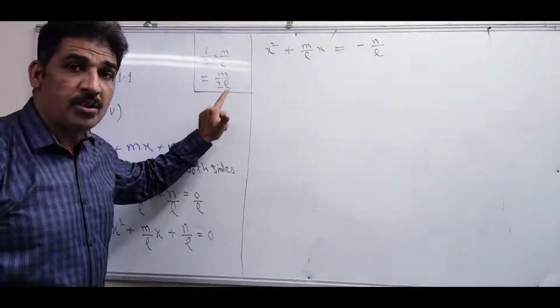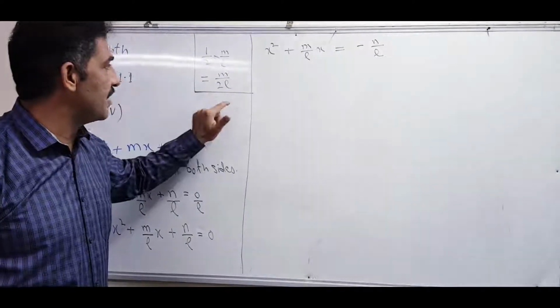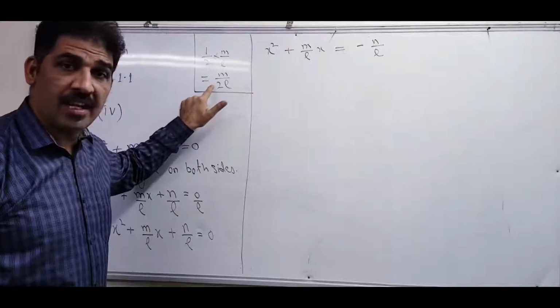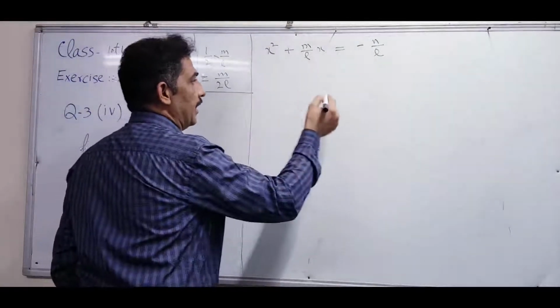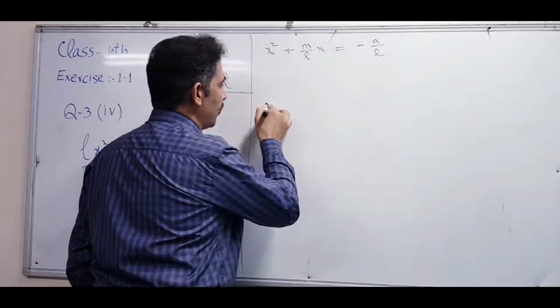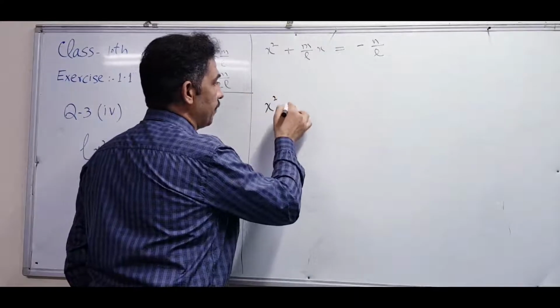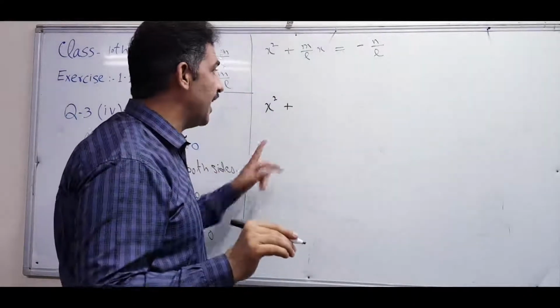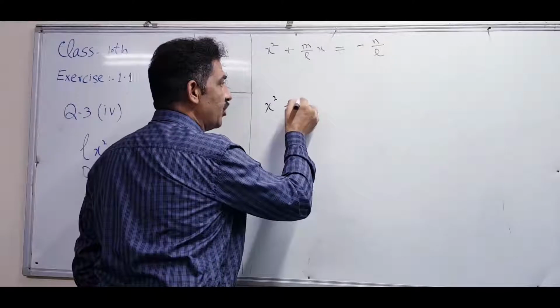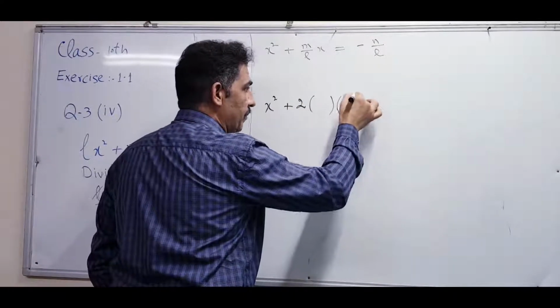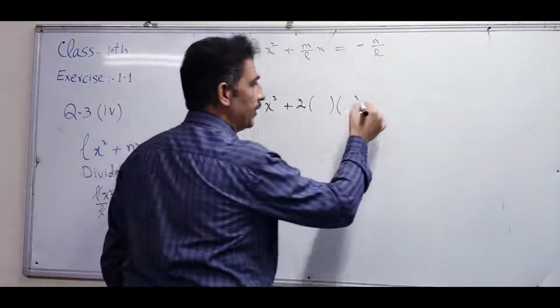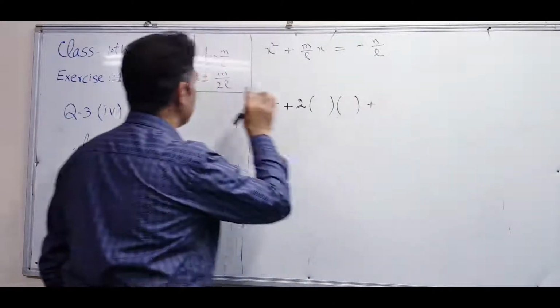So according to the third step, what is the third step? Add its square on both sides. Here, x square plus, but I told you when you write add square on both sides, here you will just write 2 and leave this bracket empty. After that we will fill that: plus, what is half of that one?